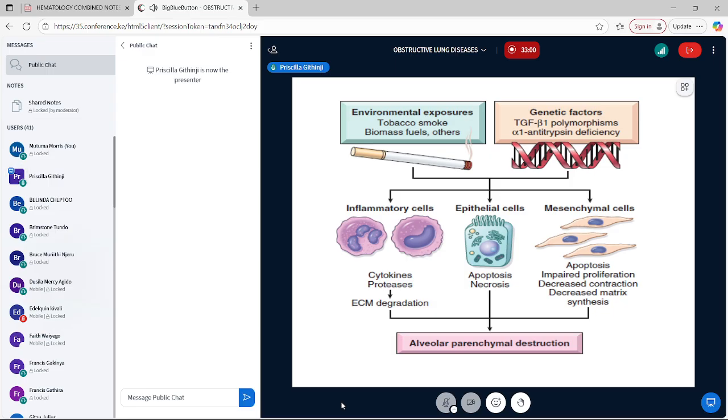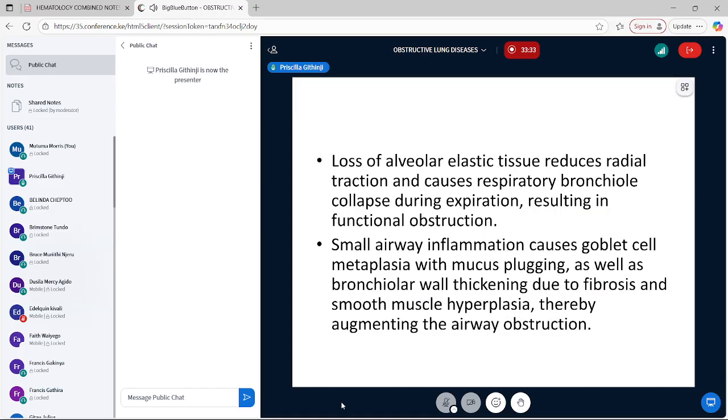The damage is from a noxious agent, so your body will respond by starting inflammation. Then you'll also have apoptosis of your mesenchymal cells. You'll have impaired proliferation, decreased contraction, decreased matrix synthesis because of destruction of your mesenchymal cells, and all this will lead to alveolar parenchymal destruction that leads to the development of emphysema.